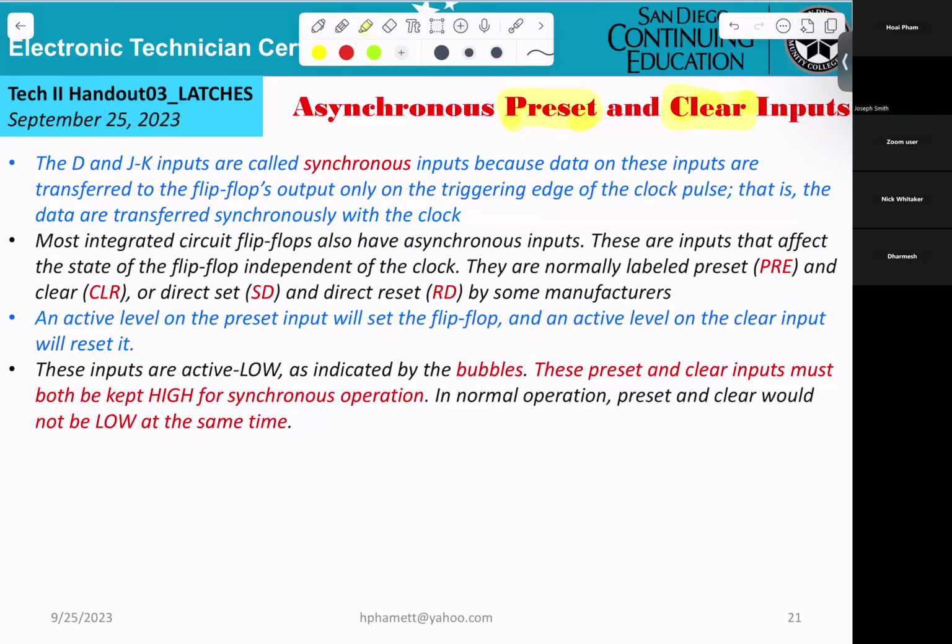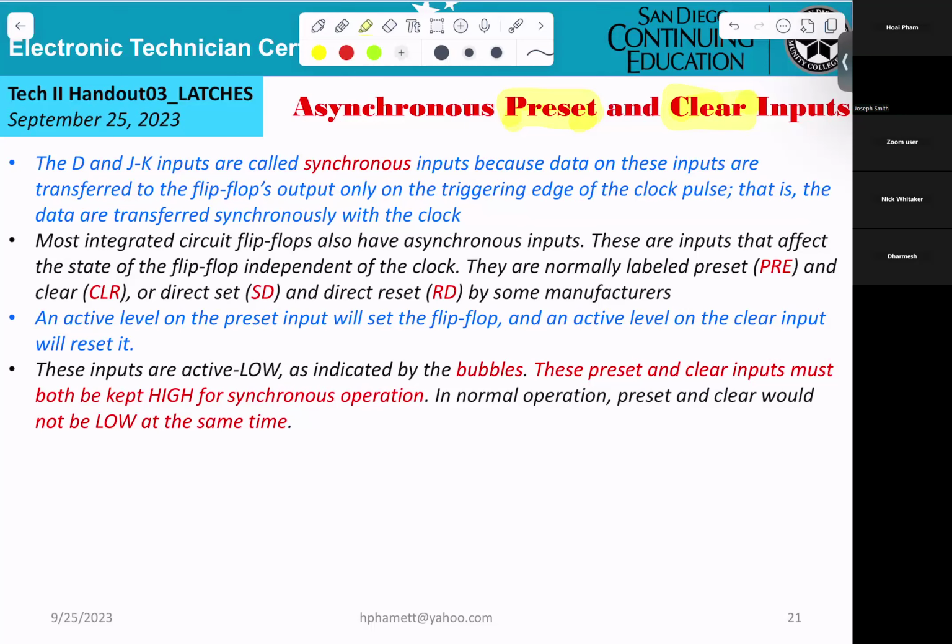So for the normal clocked JK flip-flop or D flip-flop to work, preset and clear must be set to logic 1. And both preset and clear cannot be 0 at the same time. Preset 0, Q must be 1. Clear 0, Q must be 0.